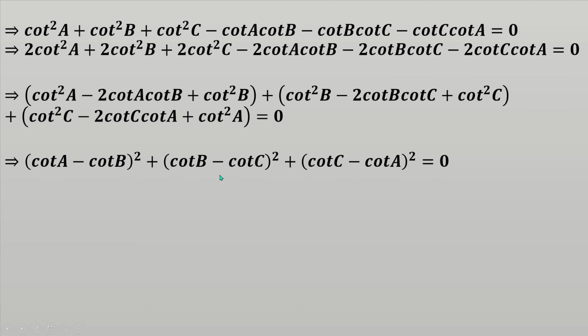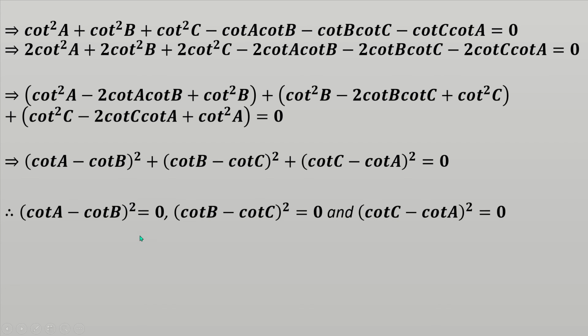But the sum of squares of some numbers equal to 0 means each is equal to 0. The first part equal to 0, the second part equal to 0, and the third part also equal to 0.